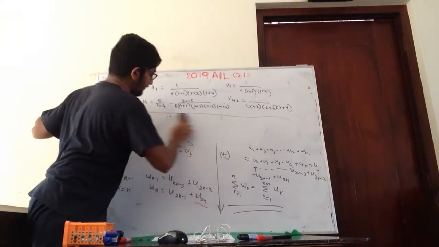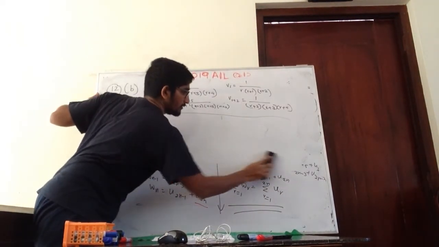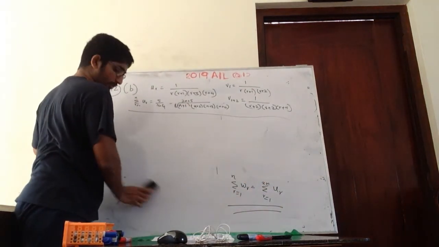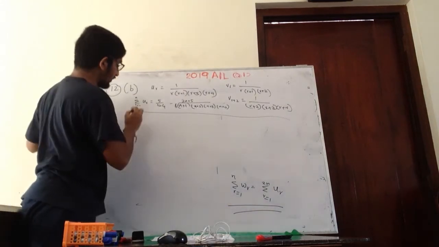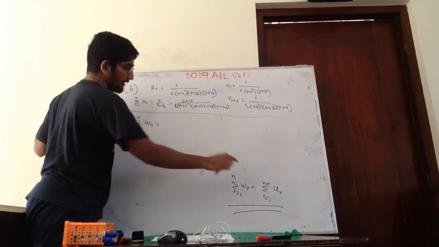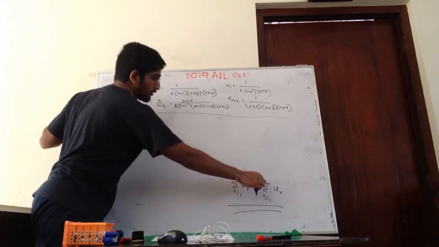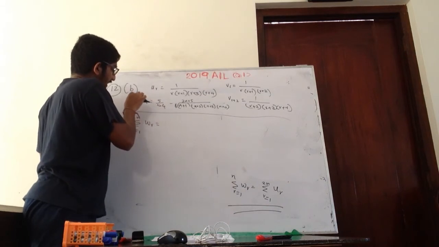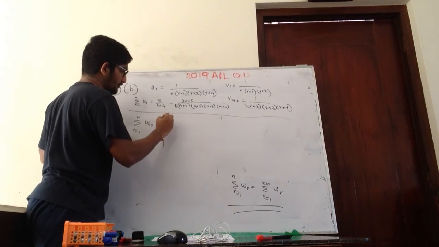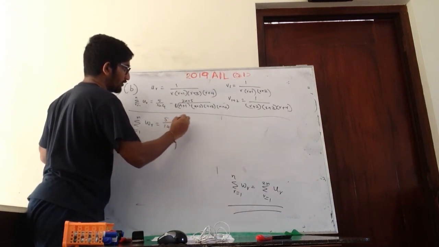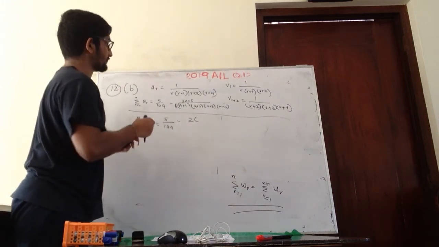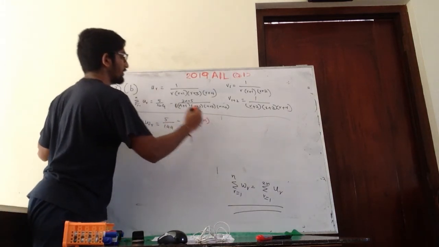So now we need to write the sum of WR. What is it? The sum of WR from R equals 1 to n is basically the sum of UR from R equals 1 to 2n. So what I need to do is change this n into 2n. If I put 2n here, 144 doesn't change. This will not be n, this will be 2n.